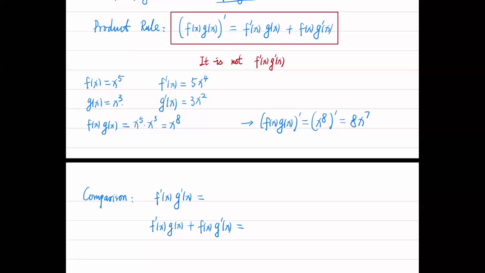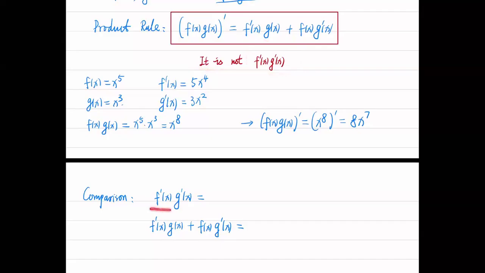So this one is 5x to the fourth times x to the third, 5x to the second, and then g derivative. What you have is correct. But here, I want to go a little bit further. I claimed it's not this, so I want to justify my claim.